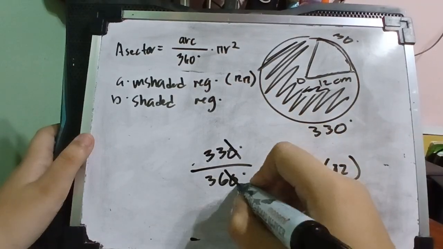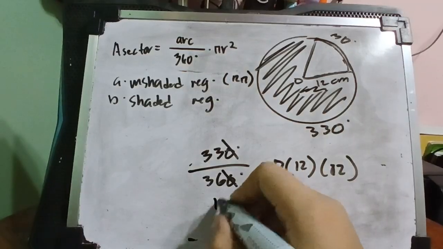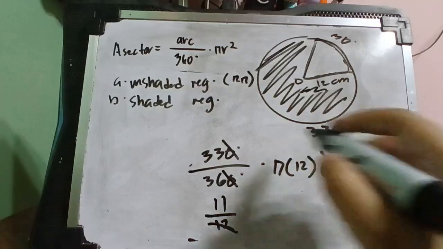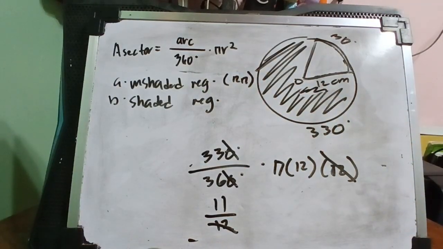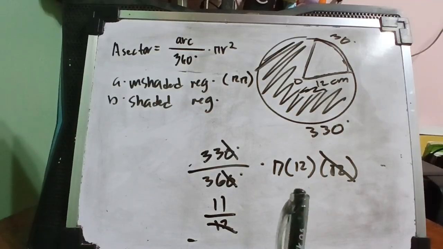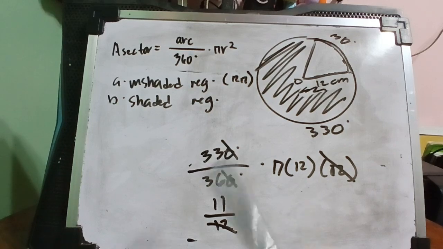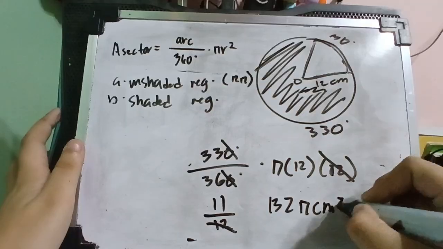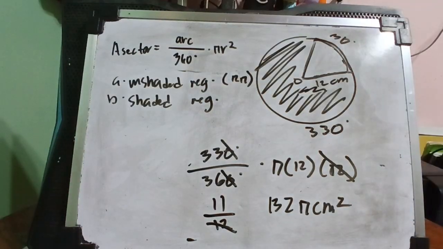So, tanggalin natin yan. Simplify natin to. Magiging 11 over 12. So, tanggalin natin ulit. So, magiging 12 times 11. 12 times 11 is, ilan? 132. So, 132 pi cm squared for our shaded region.